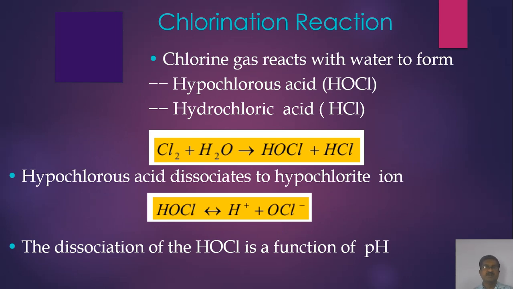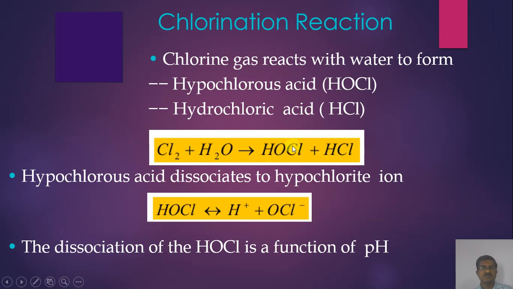Chlorination reaction. Chlorine gas reacts with water to form hypochlorous acid, HOCl, and hydrochloric acid, HCl. If you see the reaction, Cl2 plus H2O gives HOCl plus HCl.